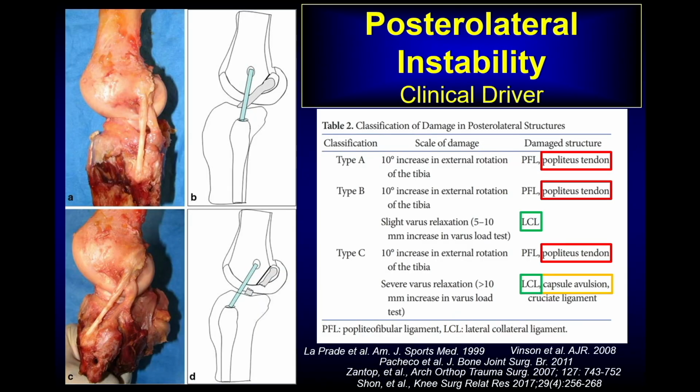As we think about posterolateral instability and clinical drivers, the classification, as we look at it from the orthopedic literature, really focuses on three structures: the popliteus, the lateral collateral ligament, and the capsule as well, and then we're going to also include a few other dynamic stabilizers.